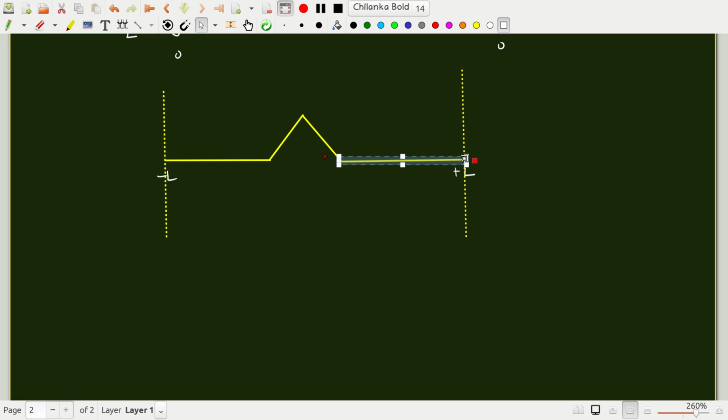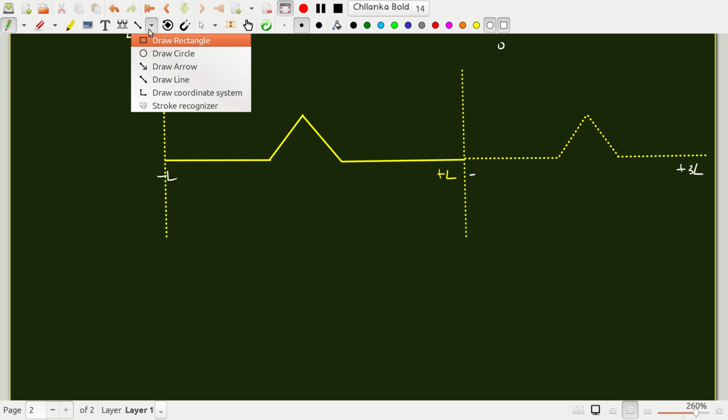Suppose you were to extend this to the other side, then this will keep going like this. This will be between plus L and plus 3L, and similarly it will also go in the minus direction.